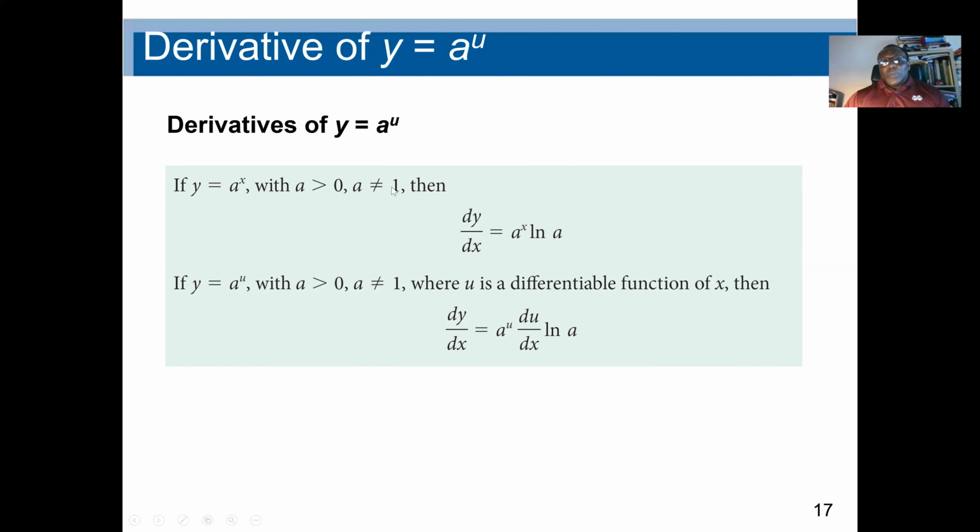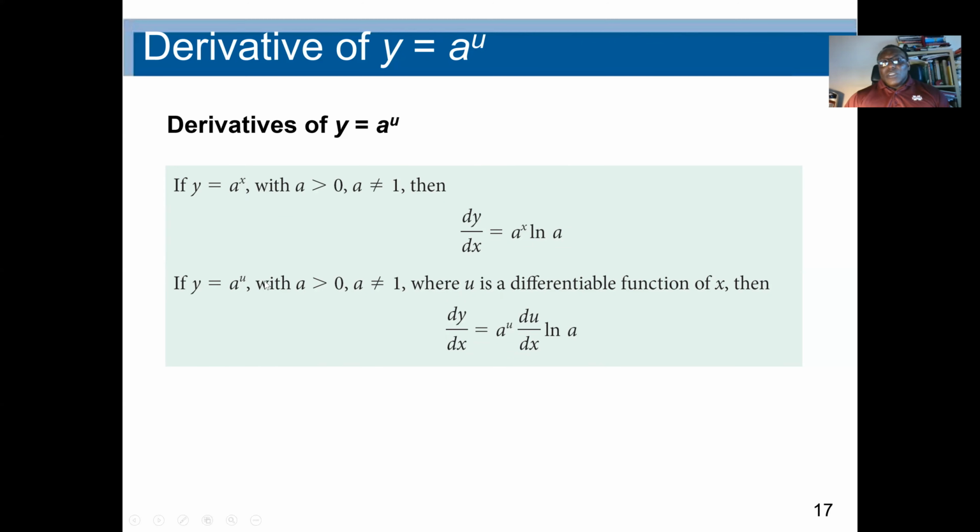And also a shouldn't be 1, because 1 raised to any power will give us the same answer. If these conditions are met, then we can say dy/dx equals a to the power x times natural log a.